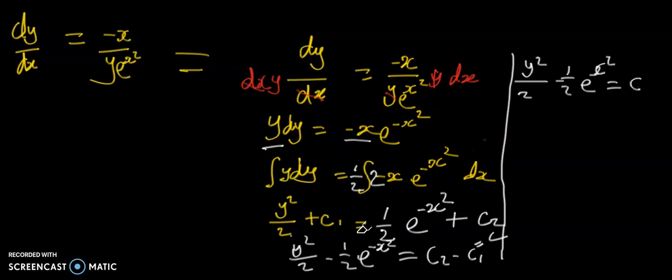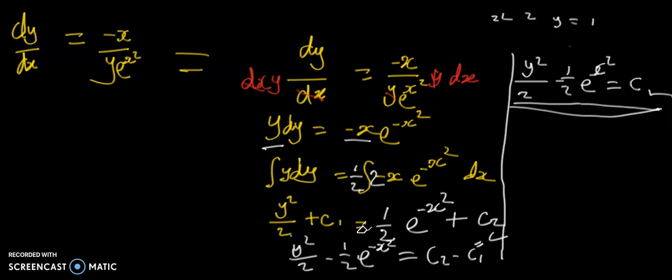This is what we call the implicit solution to this question, and most lecturers will require you to arrive at this implicit solution, assuming that you were given some point, maybe x equals 2 and y equals 1.